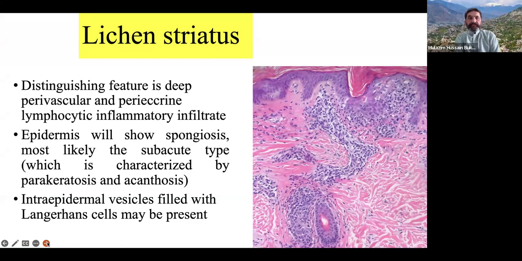Another variant, the smaller variant, is lichen striatus. When the lymphocytes are present deeper around the eccrine glands, and there is a localized collection of lymphocytes, it is called lichen striatus. Perivascular lymphocytes are sometimes confused.